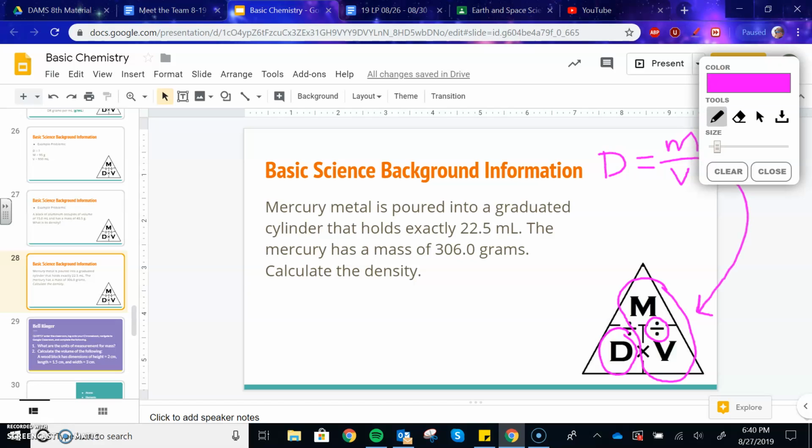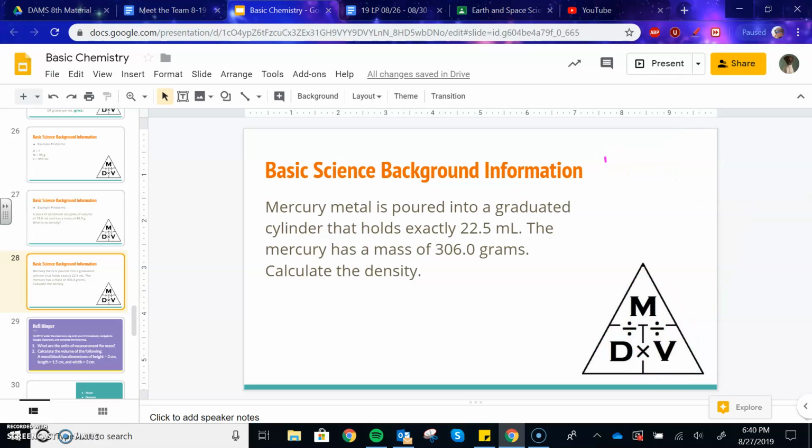Okay, so we're going to clear that so we have a nice clear screen. Density equals mass divided by volume. So let's read. Mercury metal is poured into a graduated cylinder that holds exactly 22.5 milliliters. If you look back in your notes, milliliters is going to be for volume. So we have our volume.